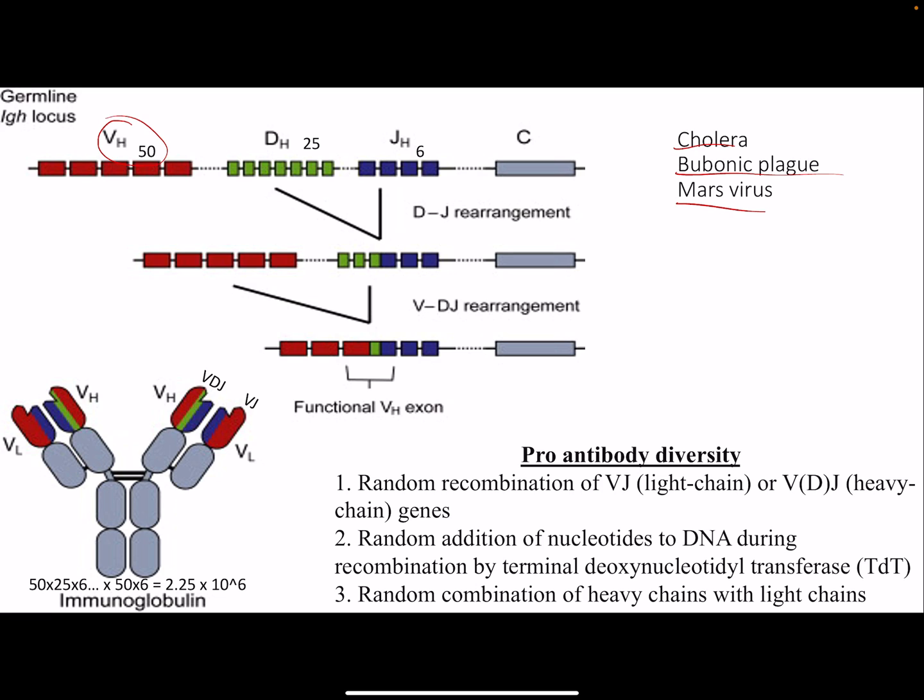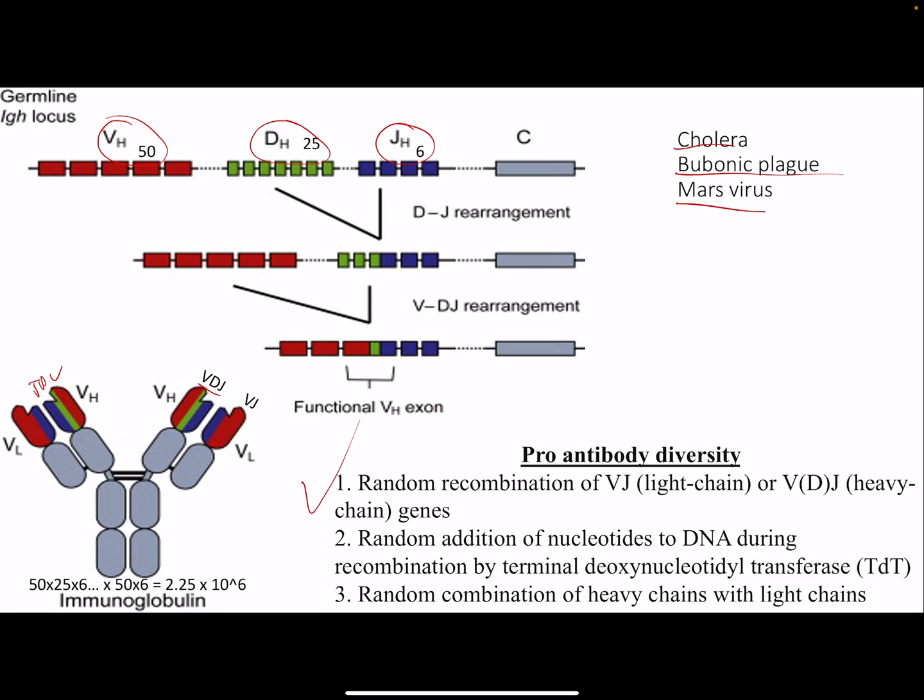We have 50 V genes, 25 D genes, and 6 J genes. And we're going to recombine these, shuffle these together in a variety of ways to make a unique combination. So here there's a V, a D, and a J, and another VDJ. And this can be of many different possibilities. So that's going to be check one.